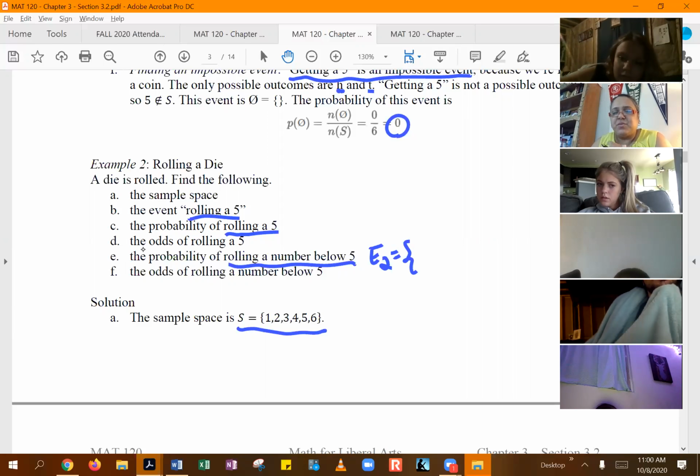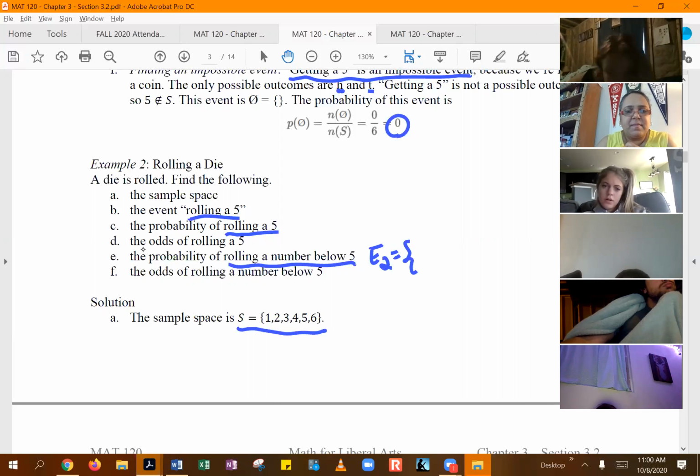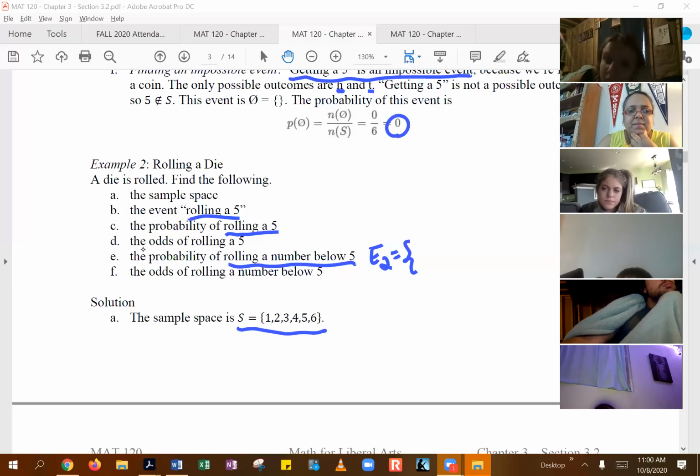So what numbers would be below 5 from our sample space? Burgundy, I'm actually asking what numbers you would put in your event as your outcomes. I can see what you're answering, but I just wanted to know what you would put in the event itself.